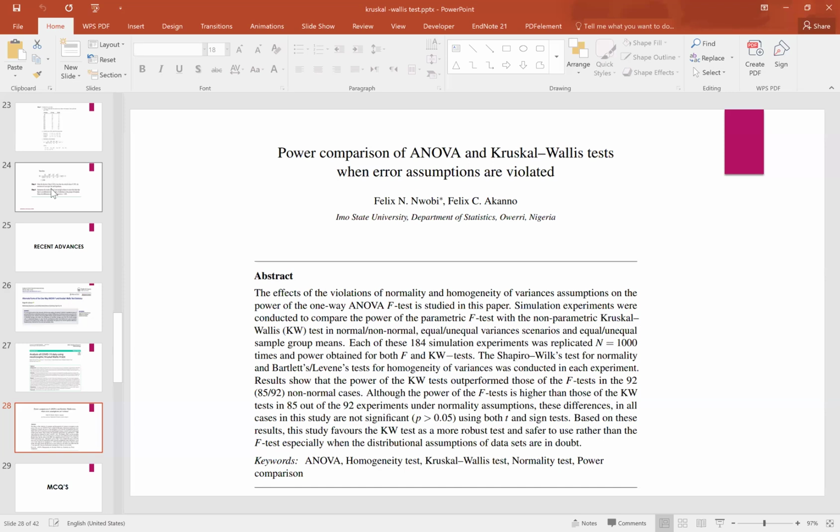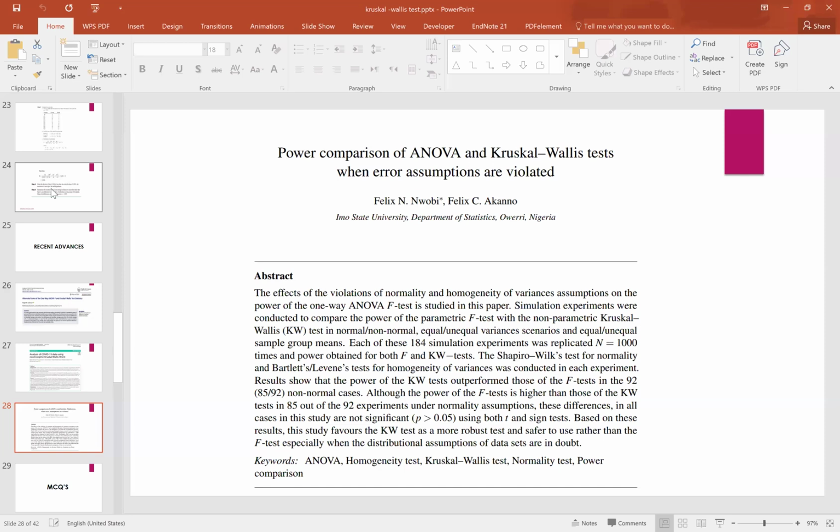Simulation experiments were conducted to compare the power of the parametric F test with the non-parametric Kruskal-Wallis test in normal, non-normal, equal, unequal variance scenarios and equal, unequal group means. Each of these 184 simulation experiments was replicated n equal to 1,000 times and power obtained from both F and Kruskal-Wallis tests.